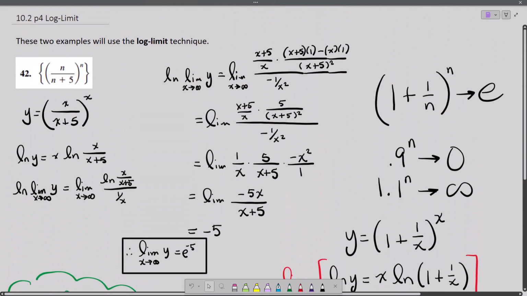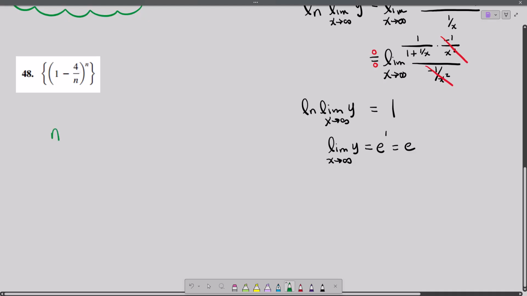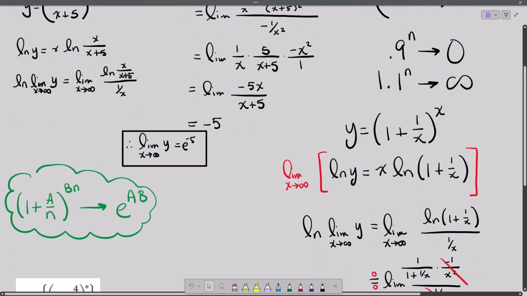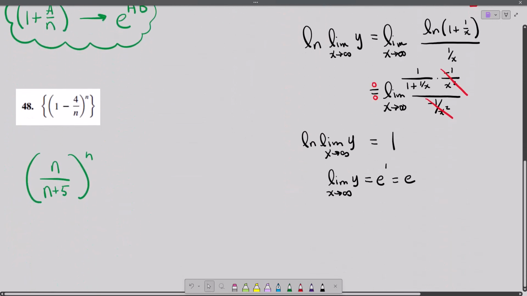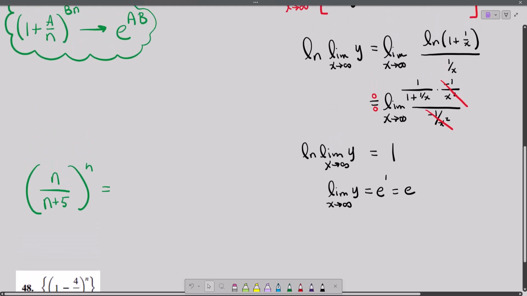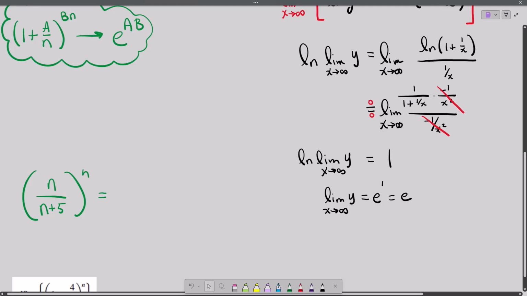Now, what you said, let's see, n over n plus 5 raised to the n. That's what it was, right? Okay, n over n plus 5. So here's what you could do that's sort of similar to what you were just talking about. You can't split this fraction, right? Because if we look at our basic form, it's 1 plus something.